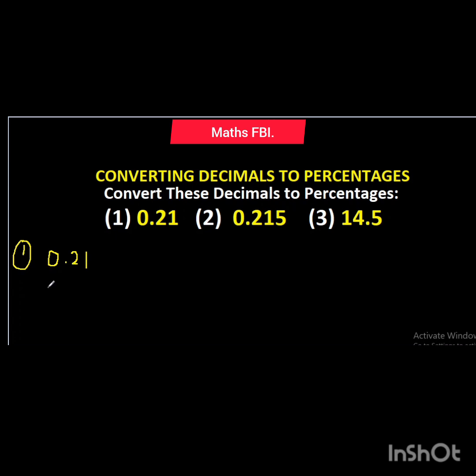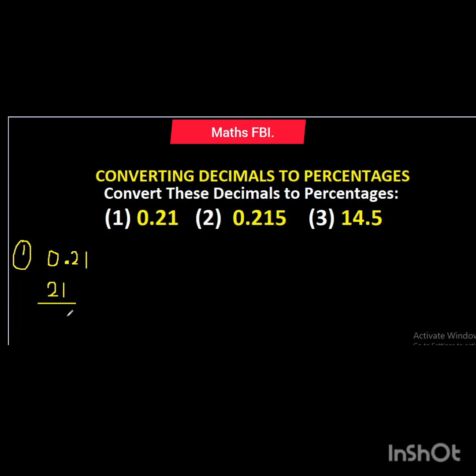0.21, that will be 21 over... Now what do you have as the denominator? You get that from here. After the decimal point, how many digits do you have? We've got 2 digits after the decimal point, right?